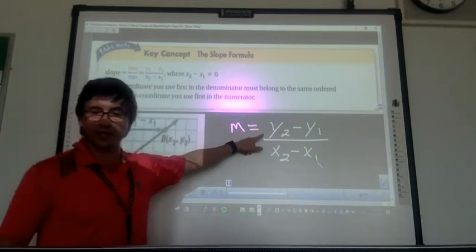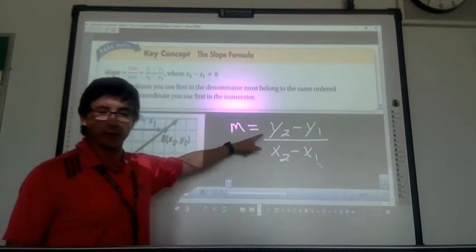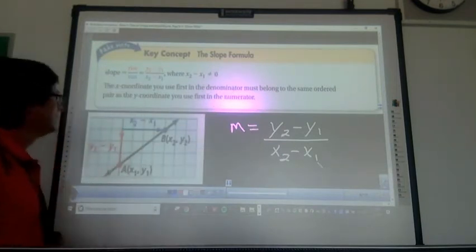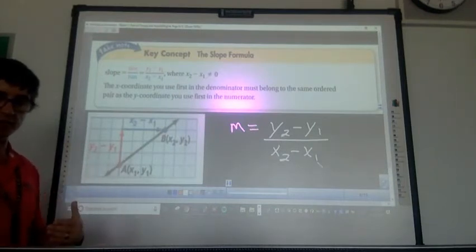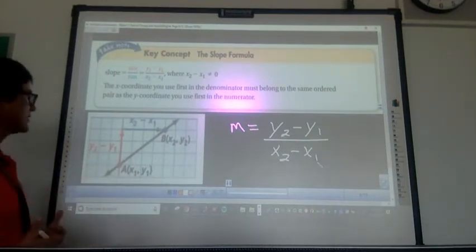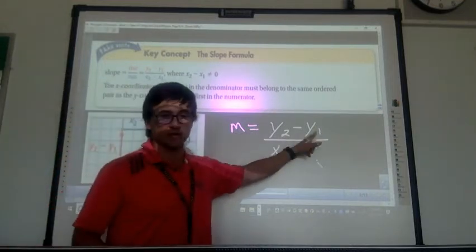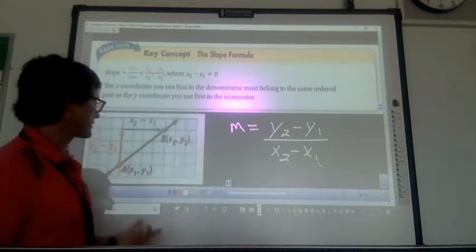I saw that formula when I was a freshman in high school and thought to myself, I don't want to memorize that formula, so how can I make it easier for myself? All I remember is I subtract the y's over subtracting the x's. As long as I do that consistently, as in I do the second y minus the first and the second x minus the first, then I'm going to get the correct answer.